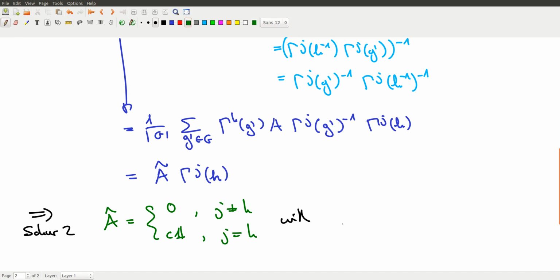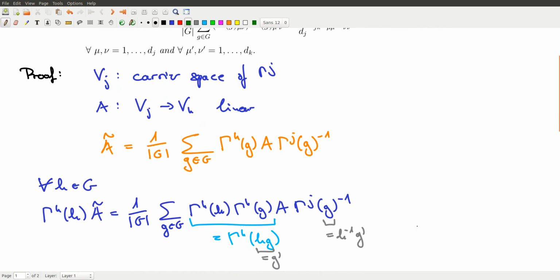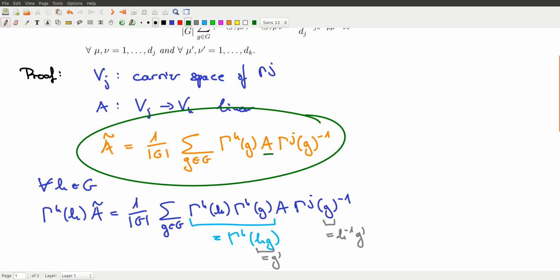And as we can say, the c is just 1 over dj, the dimension of gamma j, times the trace of a tilde. And the trace of a tilde, that's just the trace of a. Because if we look up here how we defined the a tilde, that was the orange equation here, we conjugated a with these gammas here.